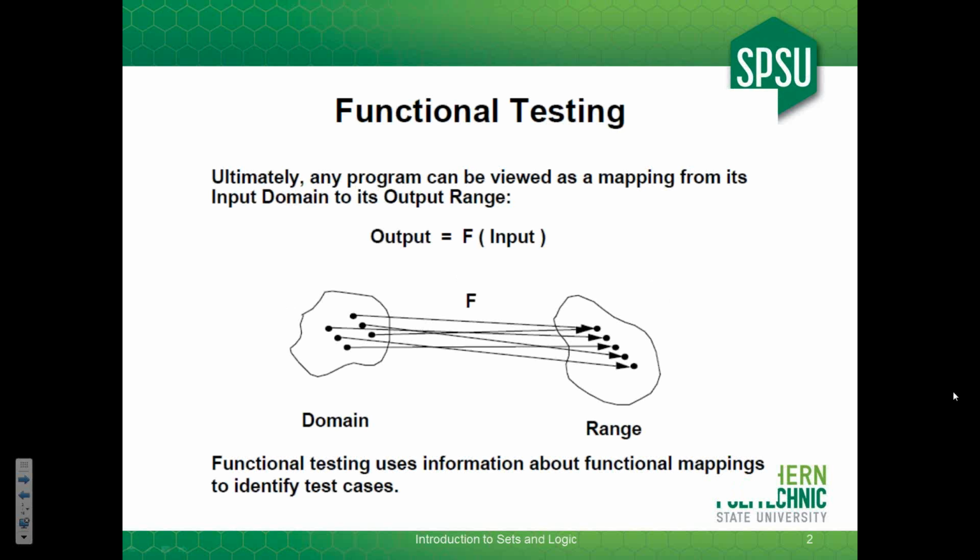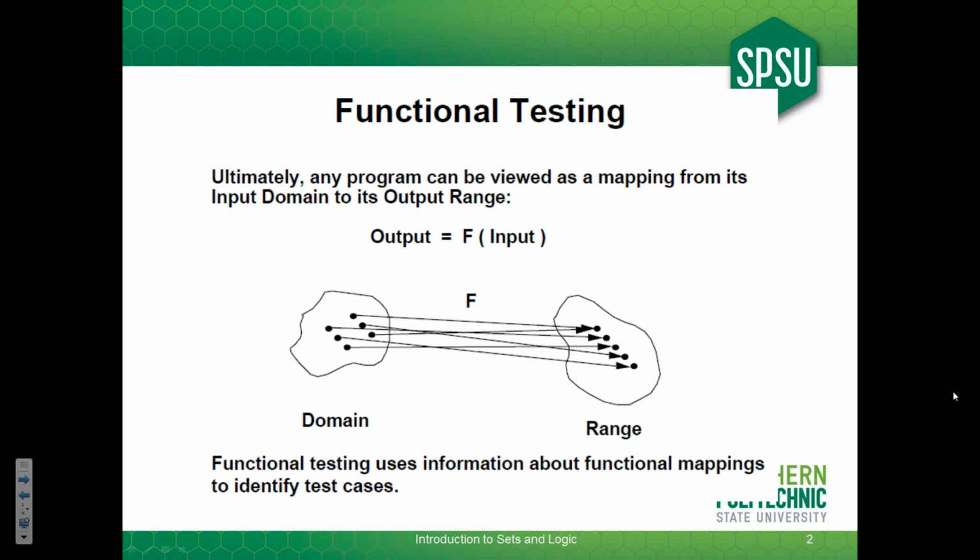Basically we talked about the definition of a function. We can look at a program as a function. You have a set of inputs that are going to produce some outputs, and then you can look at your domain, which is the list of the inputs, and you can focus on the appropriate input data that you can use to test the program.